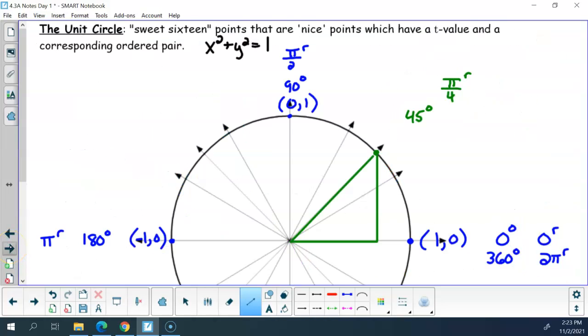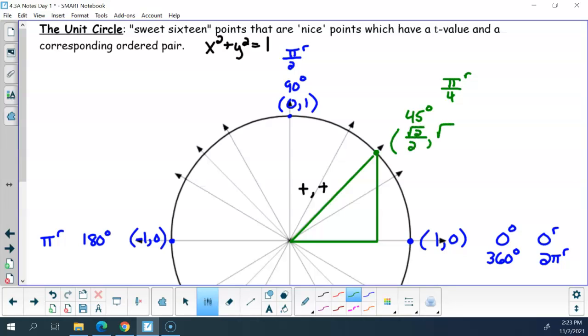So both of these are the square root of 2 over 2. I'm in quadrant number 1, so quadrant number 1 always has positive and positive coordinates. So this is going to be the square root of 2 divided by 2, comma, the square root of 2 divided by 2 for its coordinates.